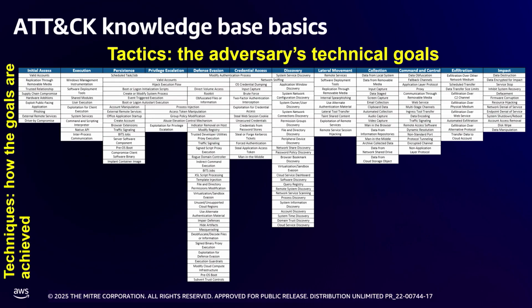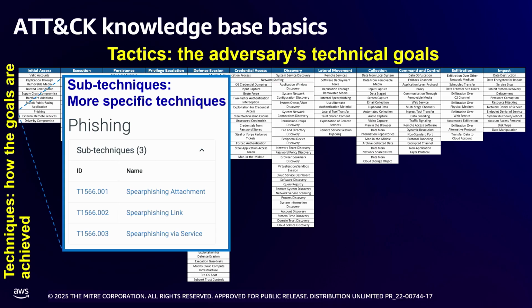But then going down, we have the how those goals are achieved. So the techniques that the adversary might want to use or leverage in order to get the goal of initial access, the goal of collection, the goal of lateral movement. Some of those are shared across multiple tactics, but some of them sit mainly within a tactic category.